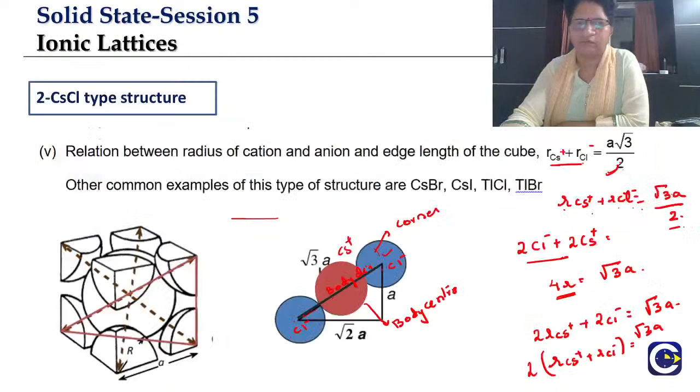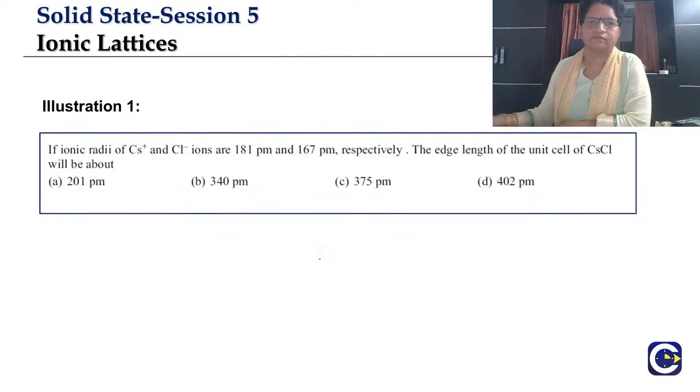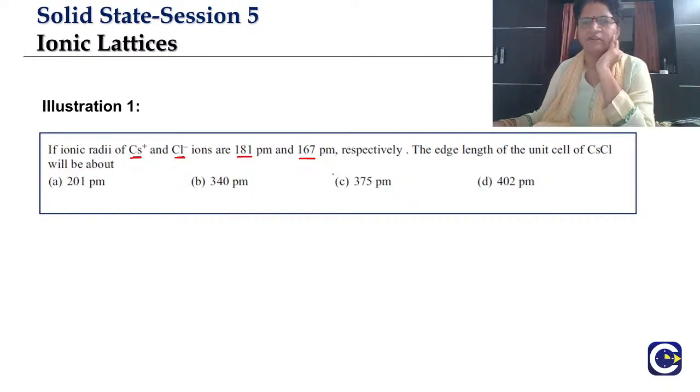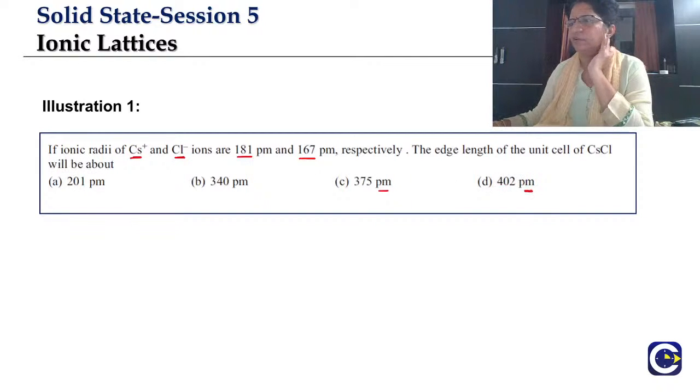Fine, we'll do this question. If the ionic radii of cesium and chloride ions are 181 picometers and 161 picometers, and both the units are the same and even the options are of the same units, let's not go for conversion. What do we have as the formula?